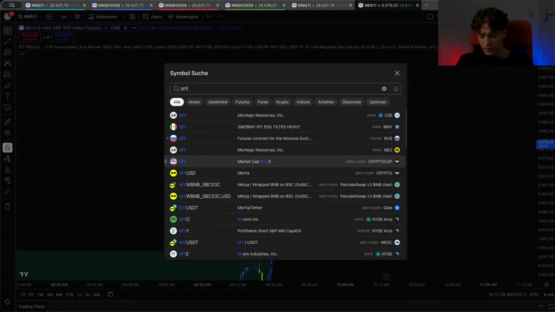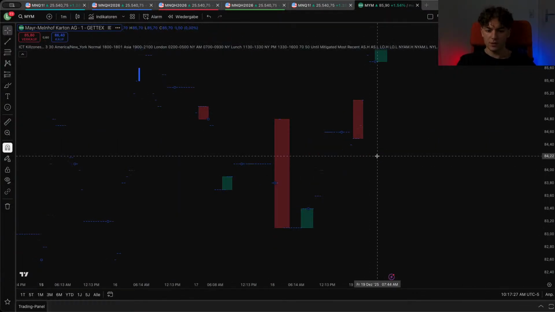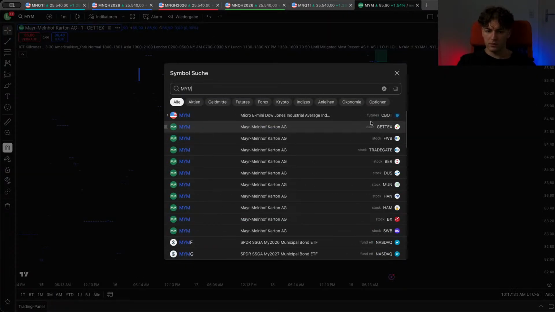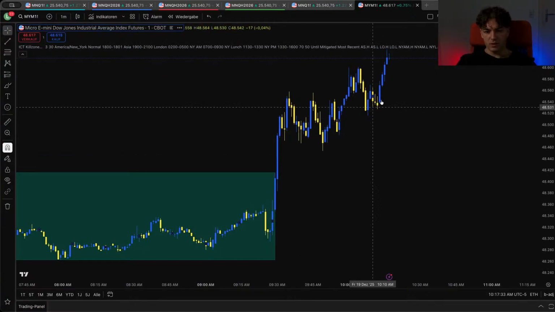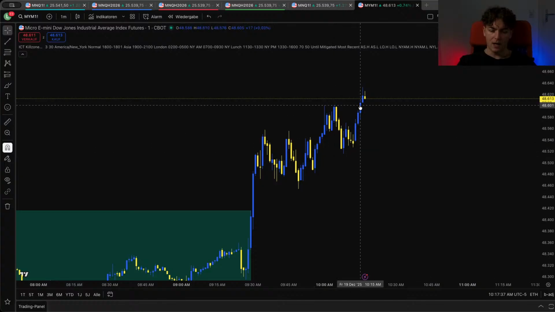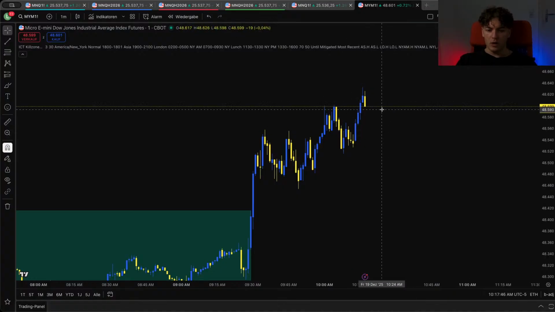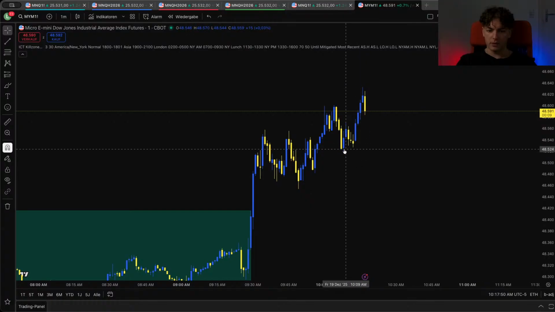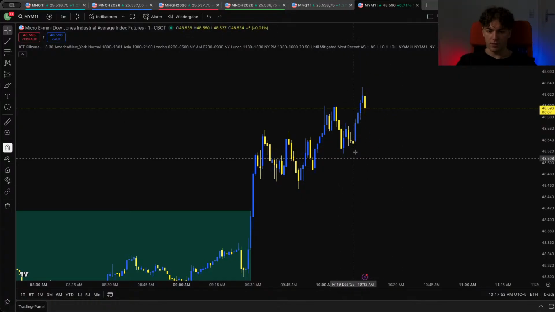Dow, on the other side, is just not joining the party. Dow is moving higher. I guess we only move lower in NQ and also in ES when Dow finally decides to also create a market structure shift.